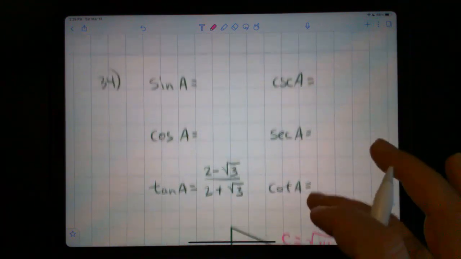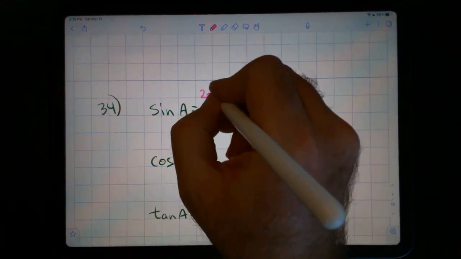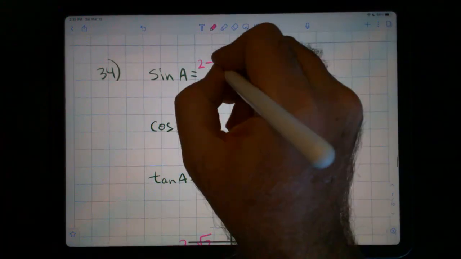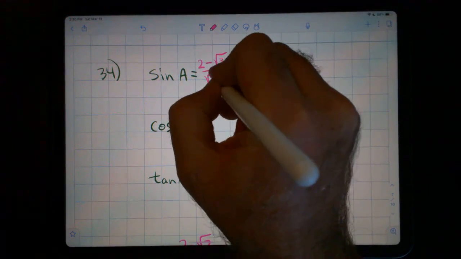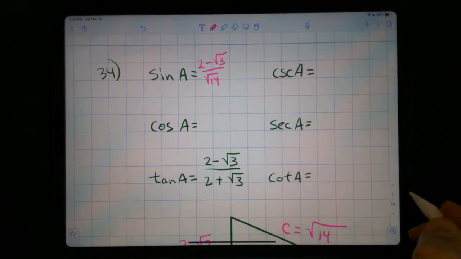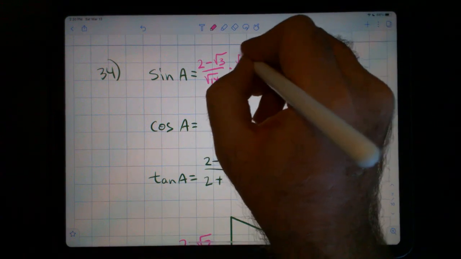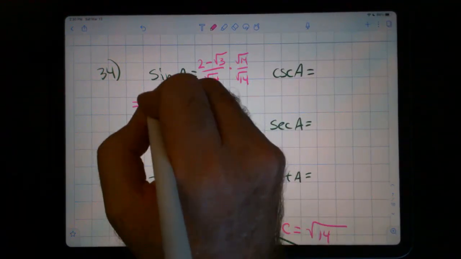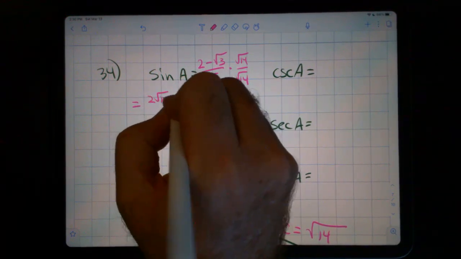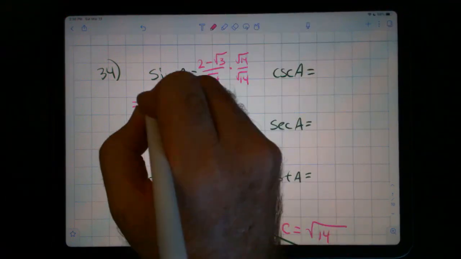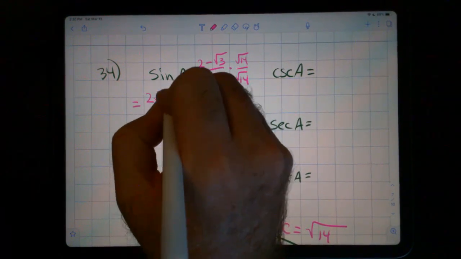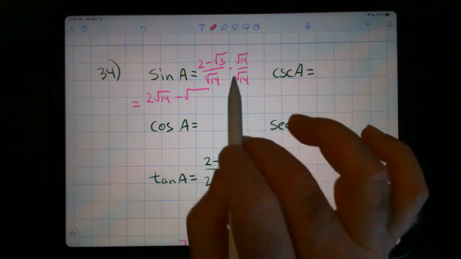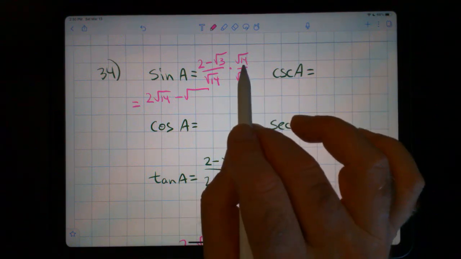So that sine is going to be opposite over hypotenuse. Let's rationalize that denominator. The only factors of 14 are 2 and 7.